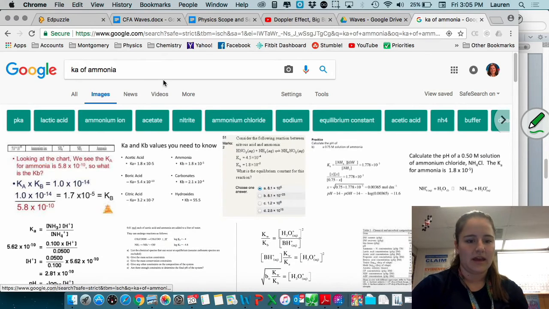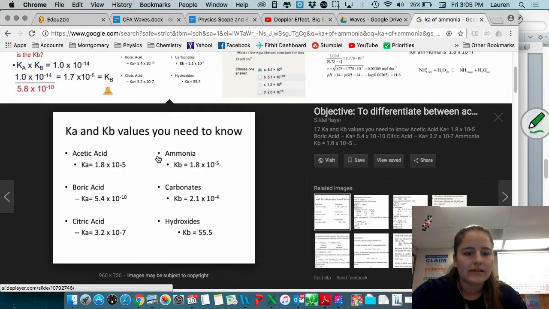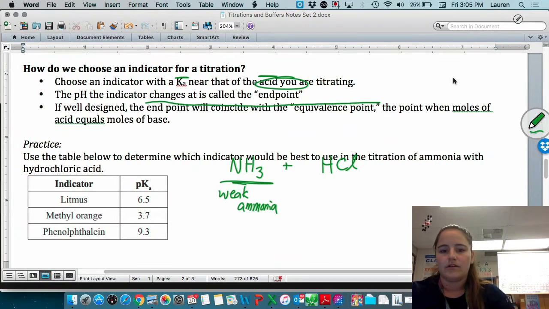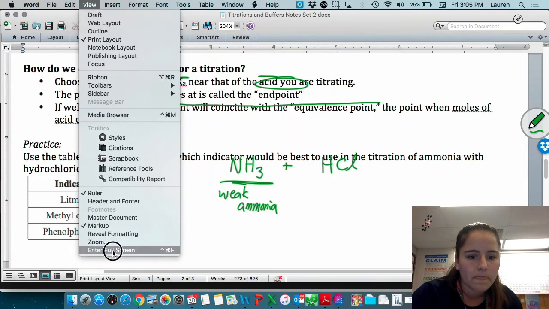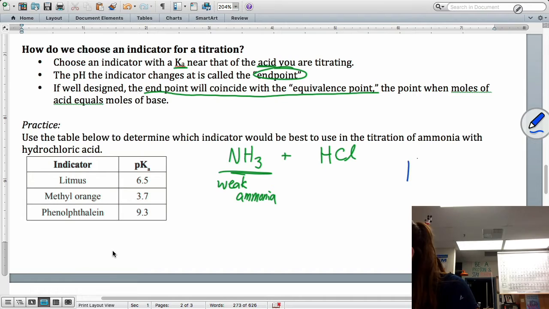It'll technically be the Ka of ammonium. Okay, there it is. Ammonia's Kb is 1.8 times 10 to the negative 5. Okay, so let me get back. The Kb of ammonia is 1.8 times 10 to the negative 5.